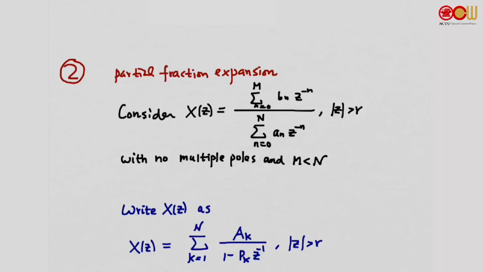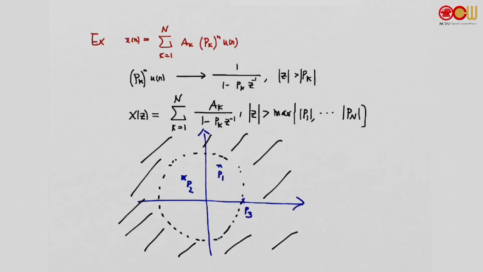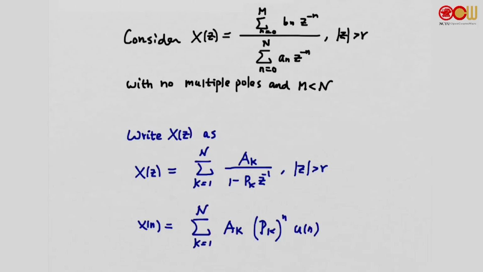We have seen such a Z-transform before. When x[n] is a sum of exponential sequences, then each exponential sequence will give us a first order term. So X(z) will be a sum of first order terms.